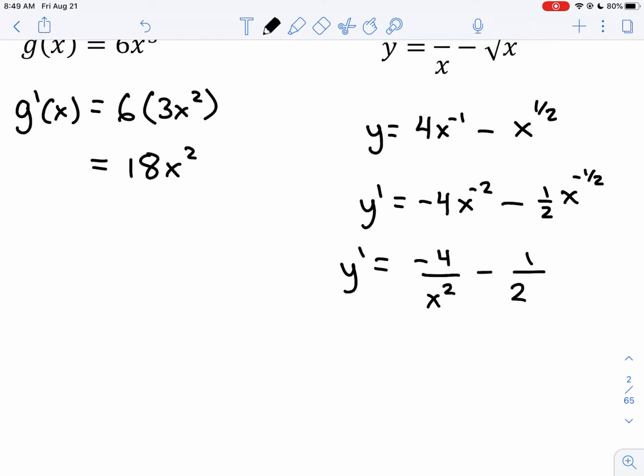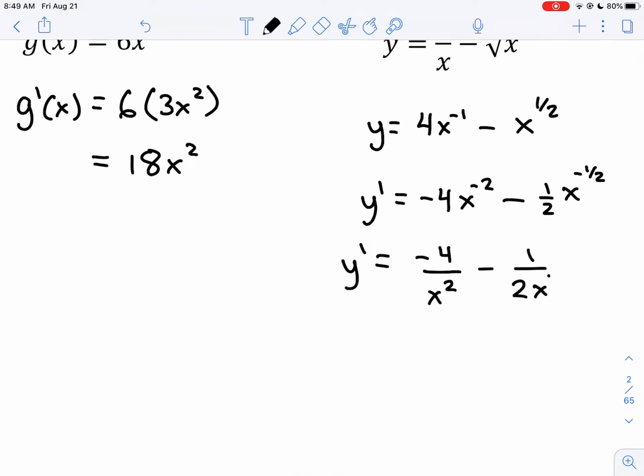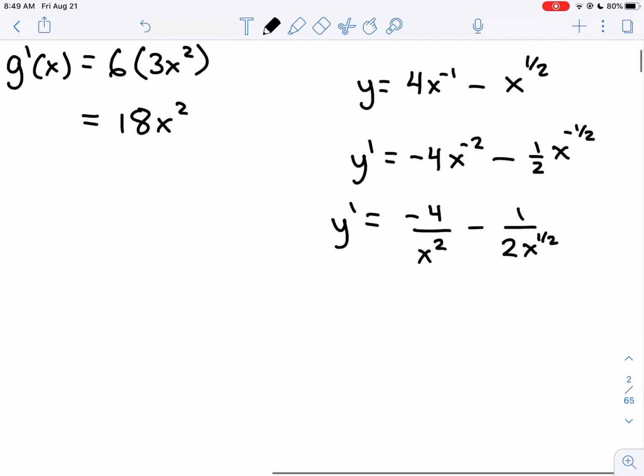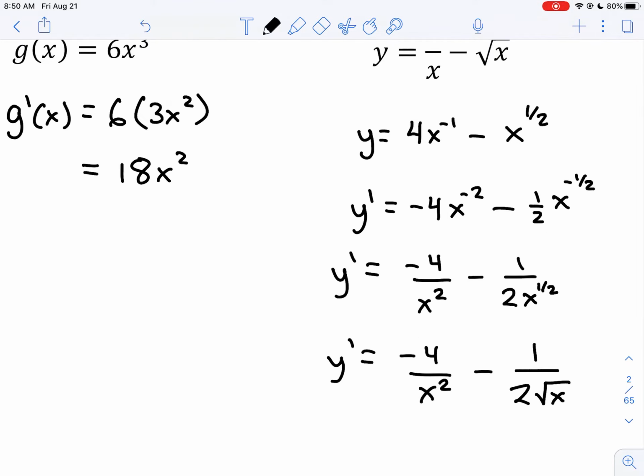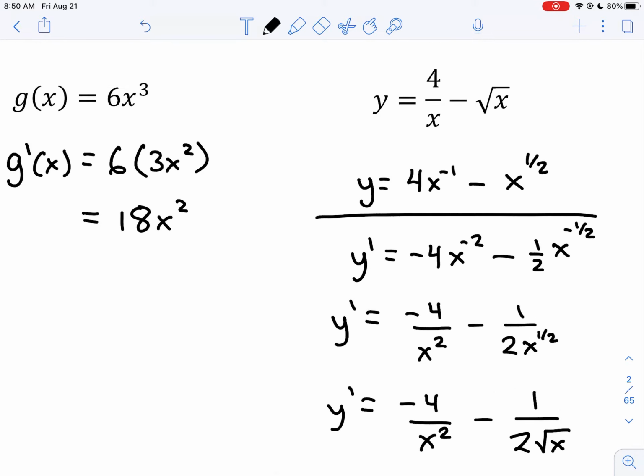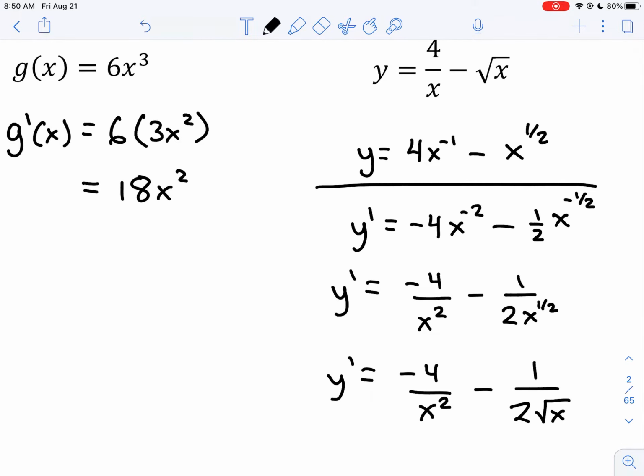The 2 is going to be down in the denominator, and joining it will be an x to the +1/2. If you wanted to take this a little bit further, you could write this as -4 over x squared. That part we're not changing, but the second part, you could change that 1/2 power back into a radical. The first step here was not a derivative, keep in mind. We just did a rewriting of the original, and then below the line I did a derivative, and then I rewrote the derivative.